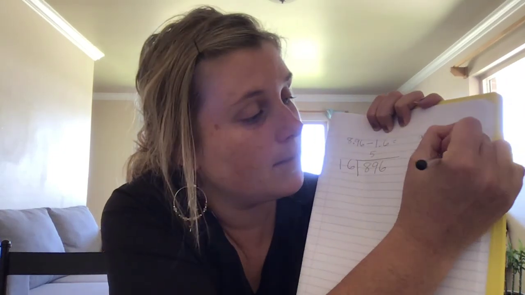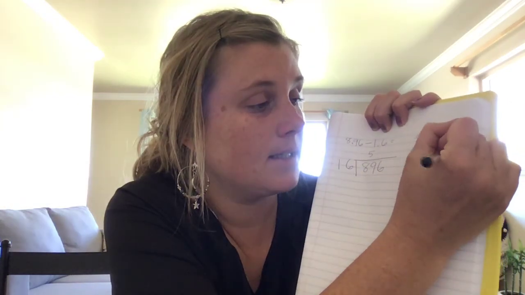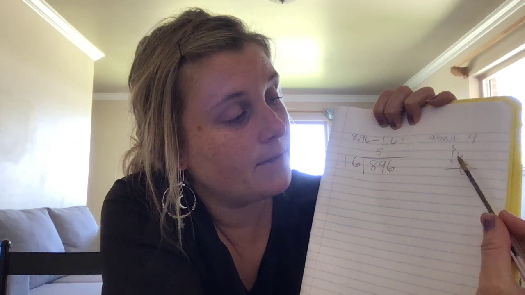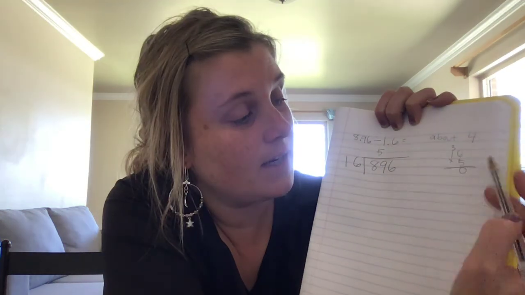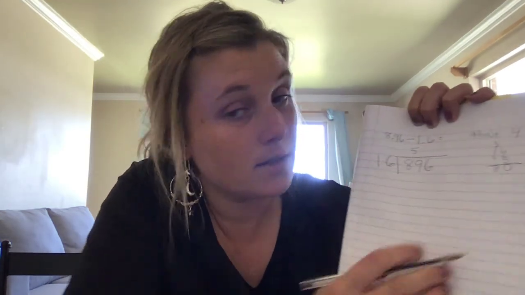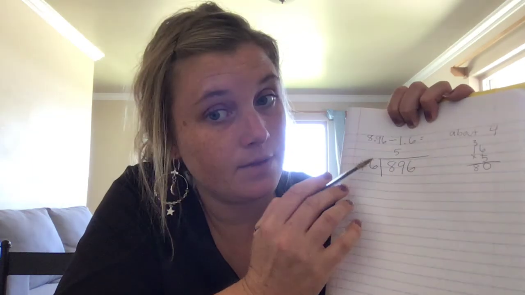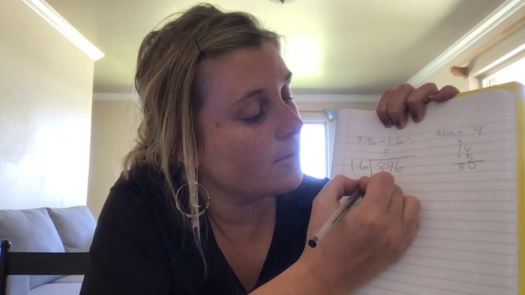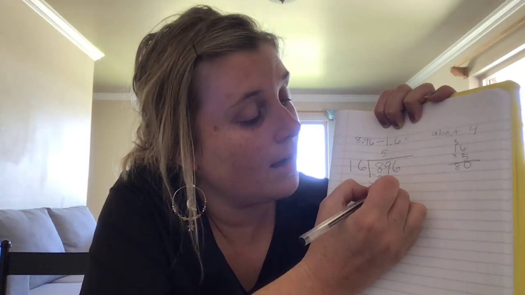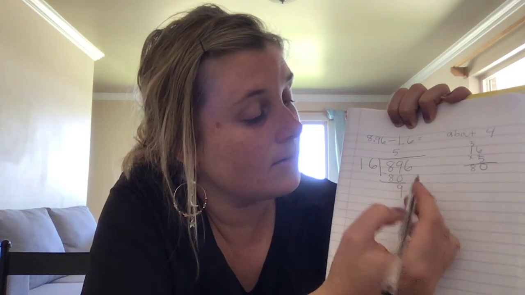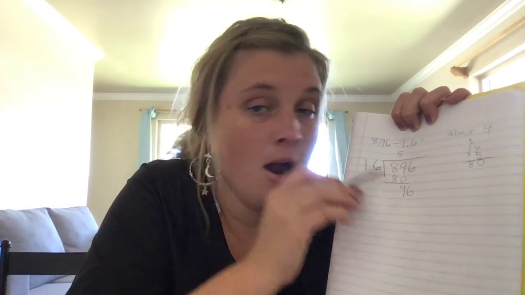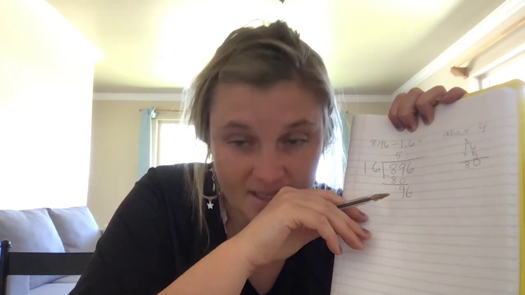Okay, now I'm going to multiply 5 times 16. 5 times 6 is 30. Carry the 3. 5 times 1 is 5. 6, 7, 8. Well, that's close. So 5 times 16 is 80. Subtract 9. Okay, now I'm going to bring the 6 down. Okay, now how many times does 16 go into 96?